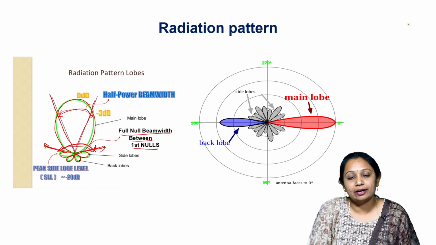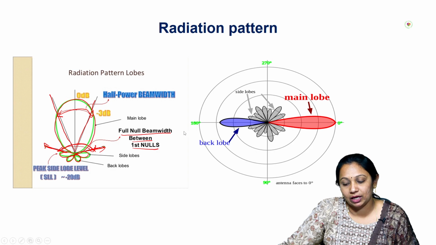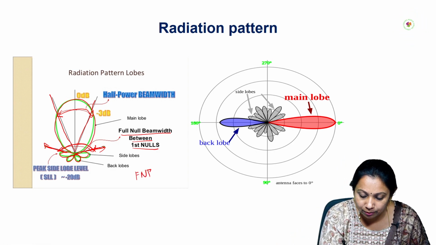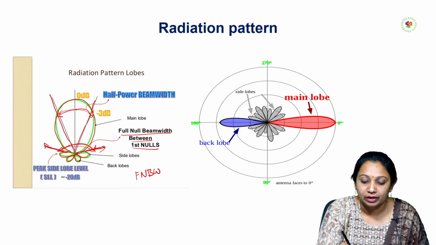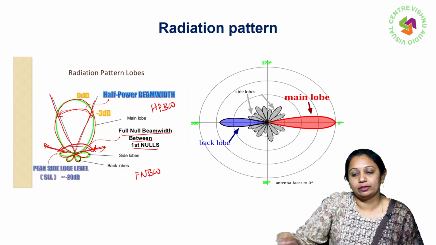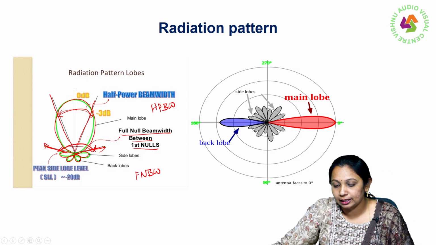So this is the definition of half power beam width as well as first null beam width. In short form, it is called FNBW, and the other is half power beam width.